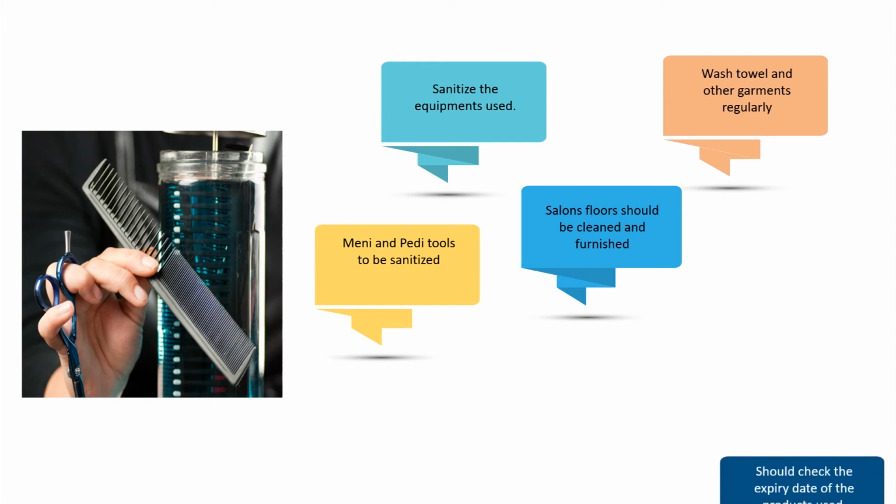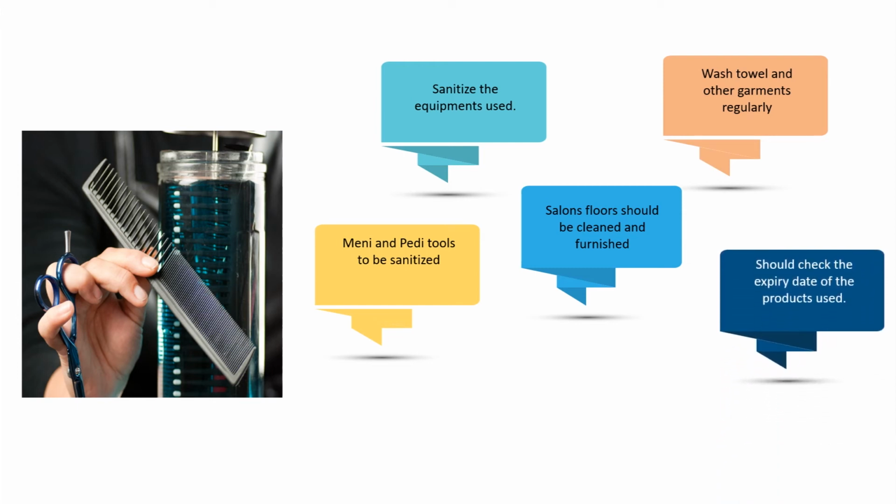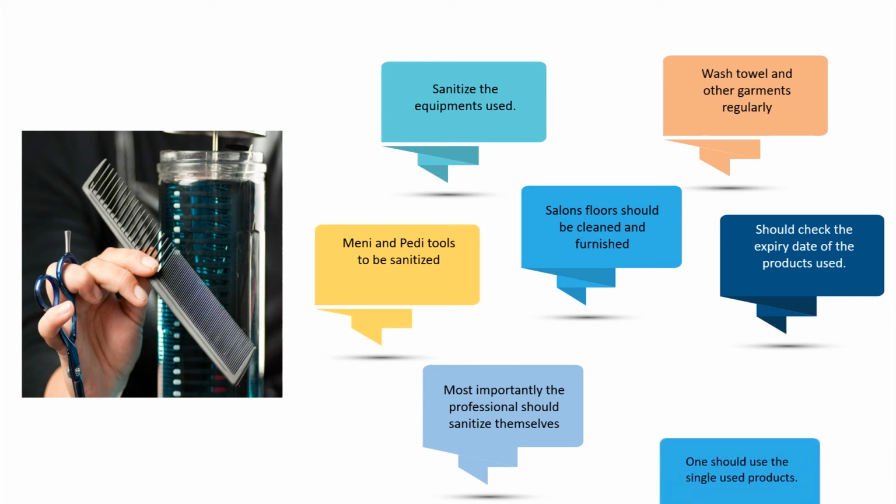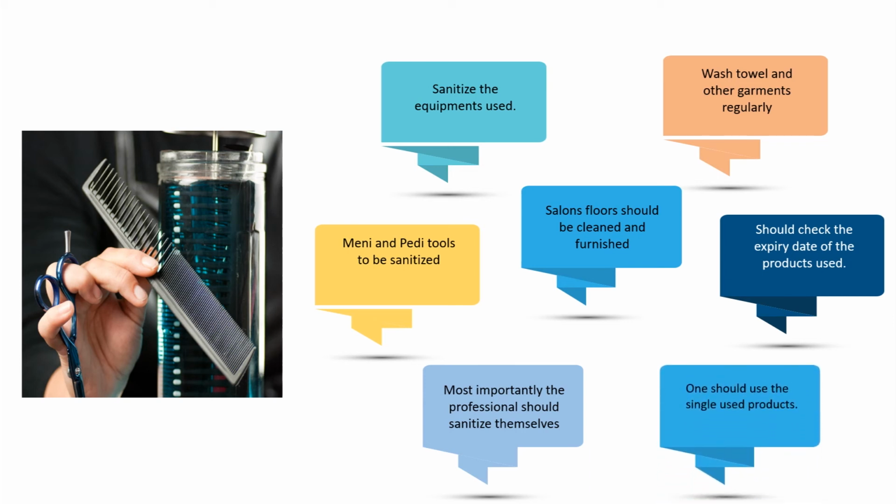One should check the expiry date of the product used. Everybody knows an expired product can infect our skin. Most importantly, the professional should sanitize themselves. One should use single use products.